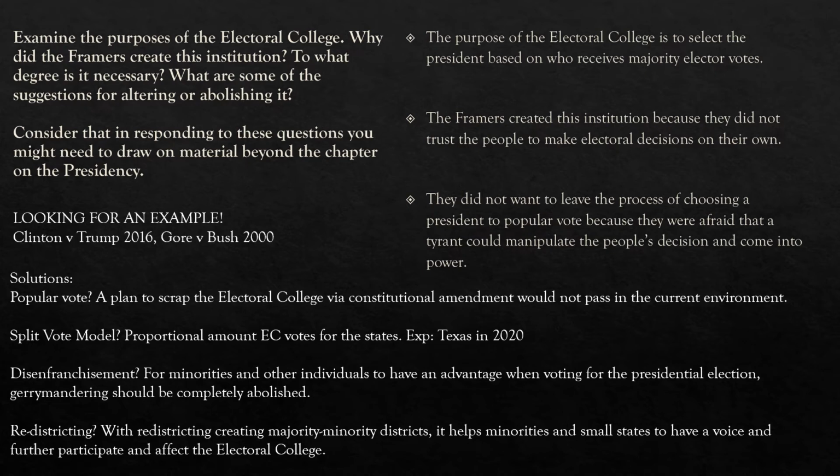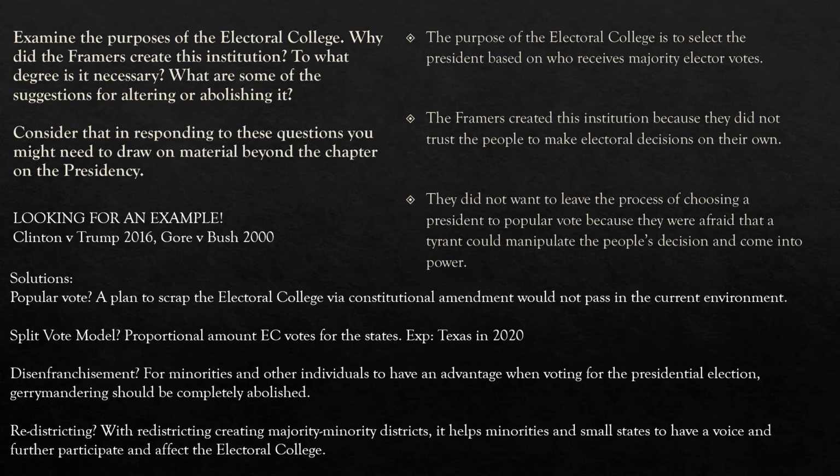The past two elections were won by a Democrat per the popular vote. However, because of the Electoral College, it was, of course, a Republican and then a Democrat, with Trump and then Biden. So it has come under a lot of scrutiny because of this.